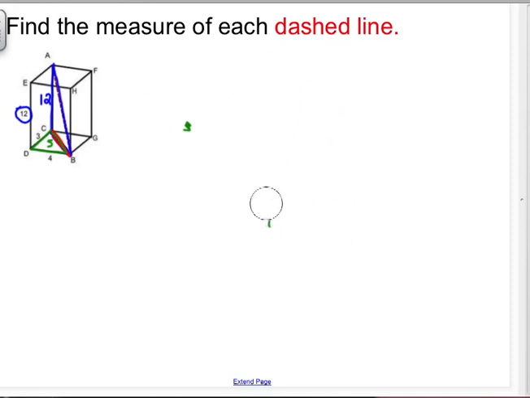Now I have to use the Pythagorean theorem again for the bigger triangle to find that big diagonal right there. Now I know that's 12. I found that measurement to be 5, and now this is the one that I'm really supposed to be solving for, that dashed line. So again, here we go.